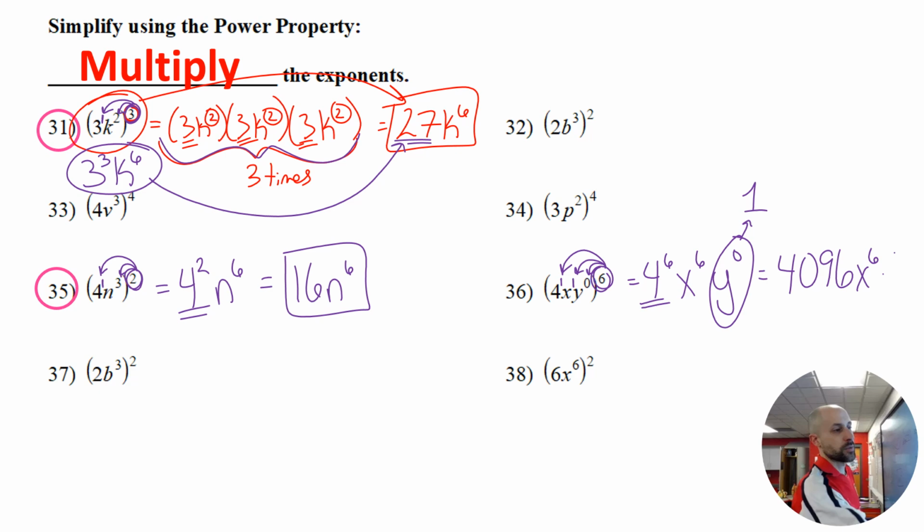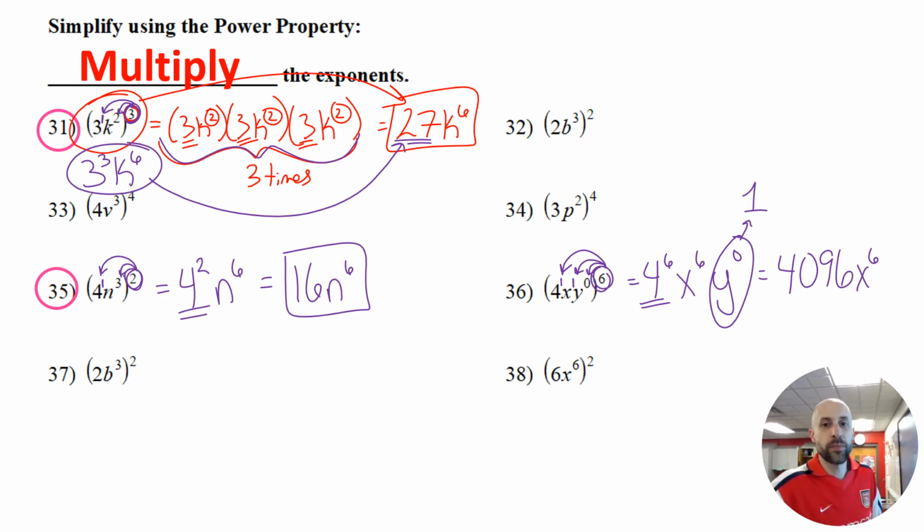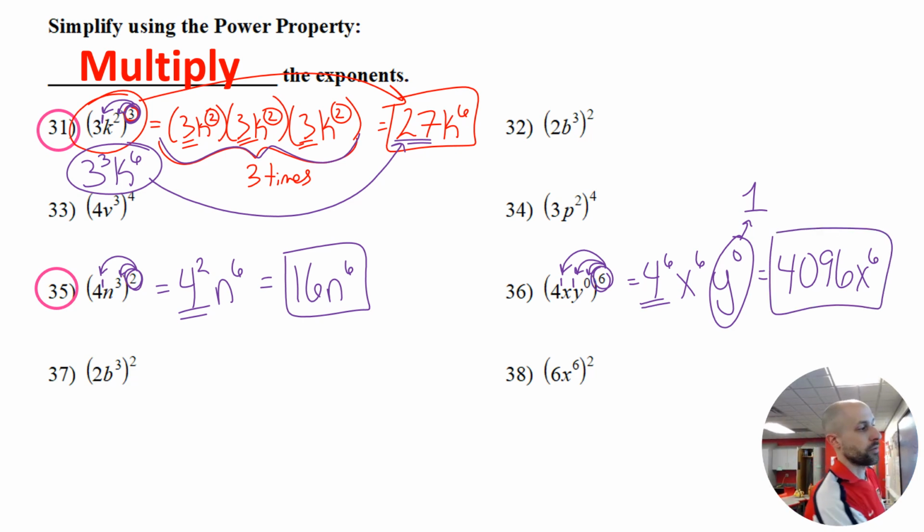So if I had a times 1 on the end there, that wouldn't change anything. So that y to the power of 0 effectively cancels itself out. It just equals 1, and since there's other things left over there, we don't need to write that times 1 because it doesn't change anything. And so that would be my final answer for that one.